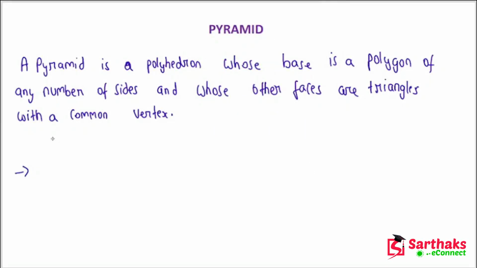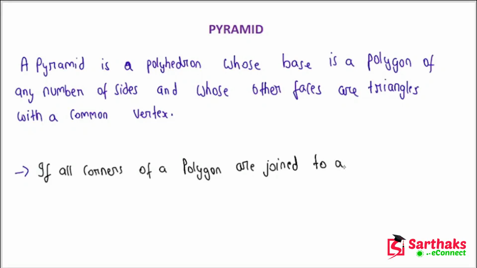If I have to rephrase the definition, I can write: if all corners of a polygon are joined to a point not lying in its plane, we get a pyramid.